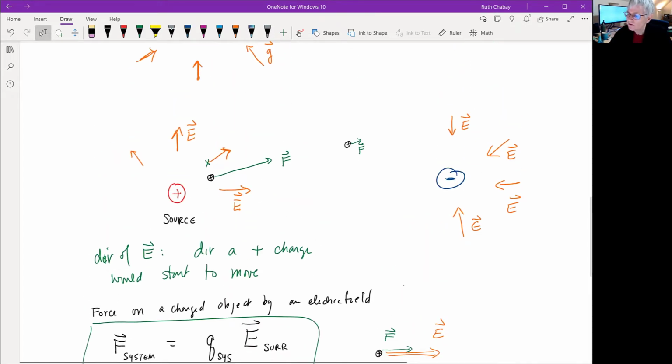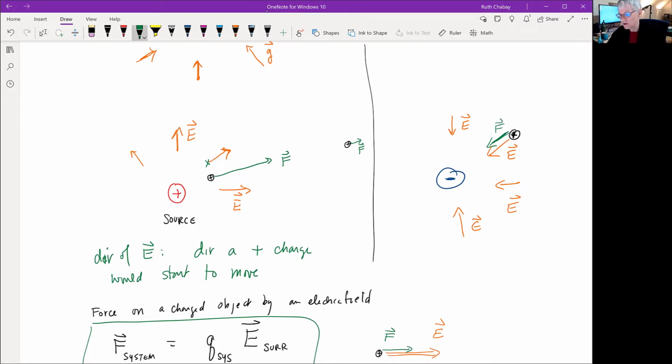So the electric field, why do we draw the electric field near a negative charge as pointing in to the negative charge? Well, it's because if we put our little proton on a spring here, it would definitely start to move that way.